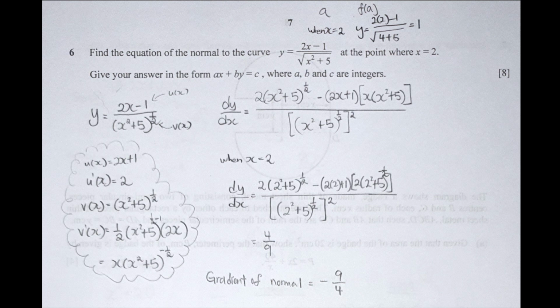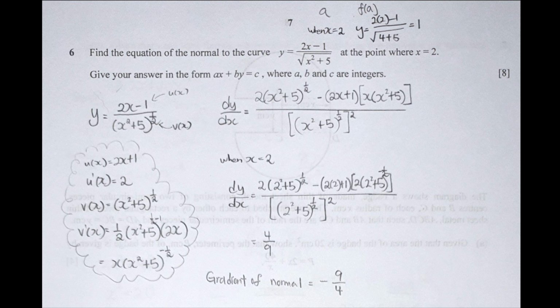The 2 given to you is actually your a. Then when you substitute 2 into the y equation, you will get 1. So this 1 is when your x equals 2. We call this f bracket a. So this is the first thing that I would do.